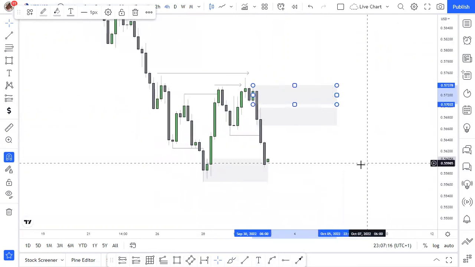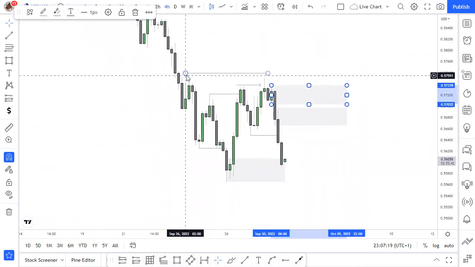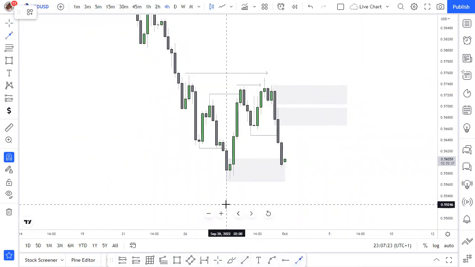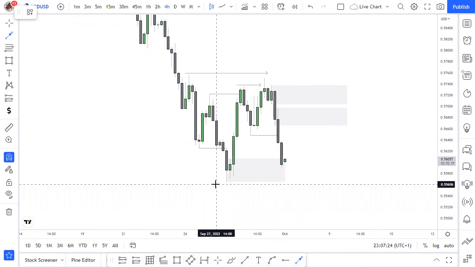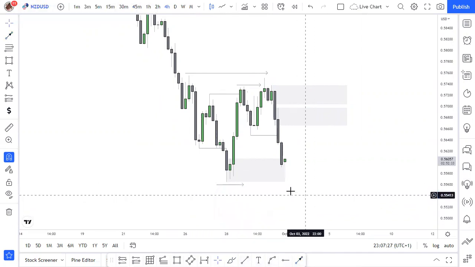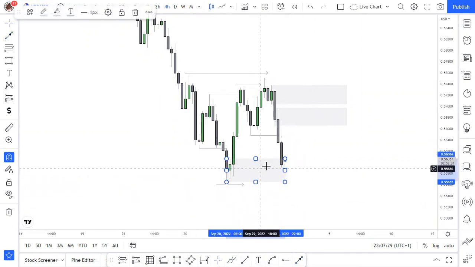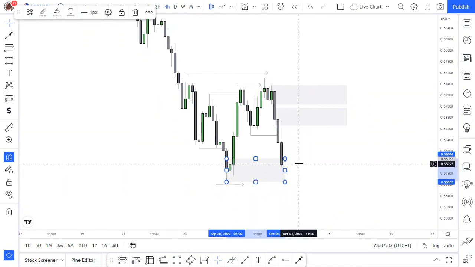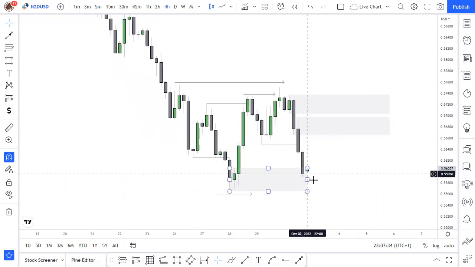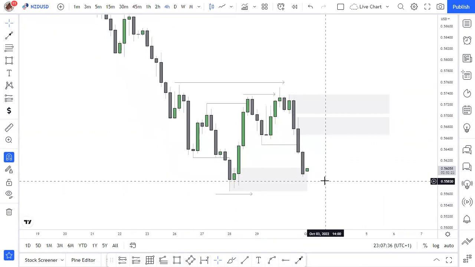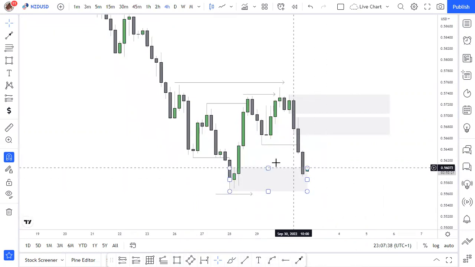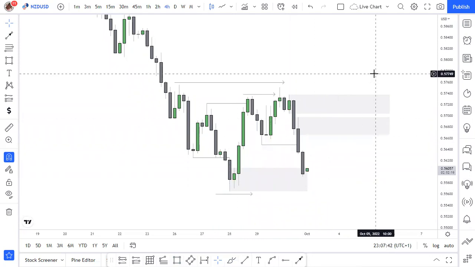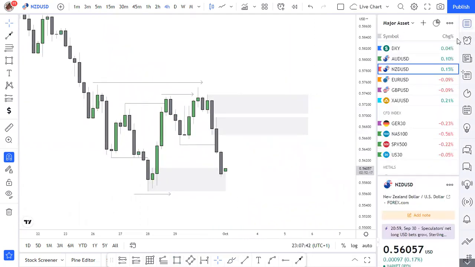It's as if price is trapped in a range where we have buy side liquidity above us and sell side liquidity below us. And now price is currently in a demand zone. So we want to see what will happen here on the 15-minute time frame, and then we'll try to take advantage of that and see where it will lead us. So that's it for NZD/USD.